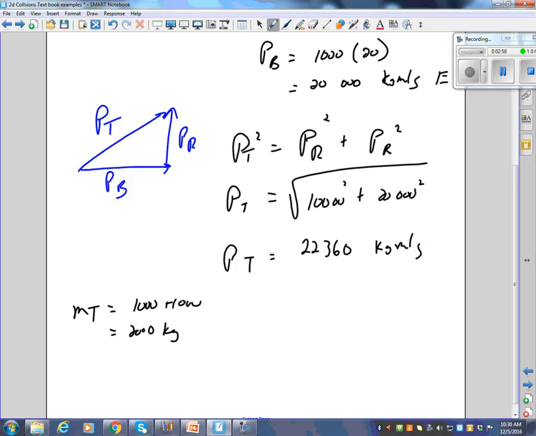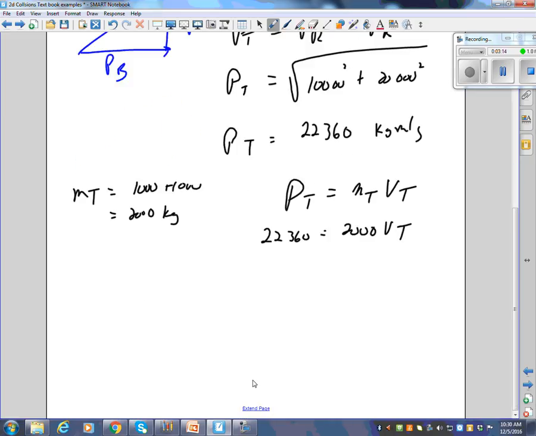And so momentum total is mass total times velocity total. So this 22,360 is going to equal 2,000 times the total velocity. Divide both sides by 2,000. I get 11.2 meters per second. Does that seem reasonable?